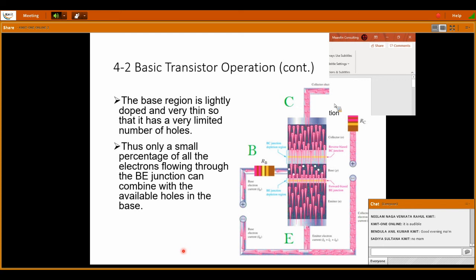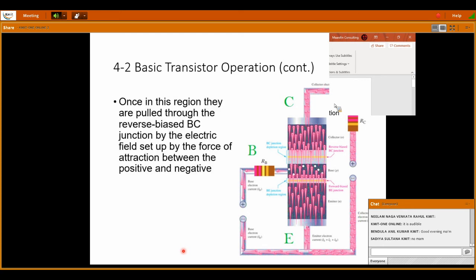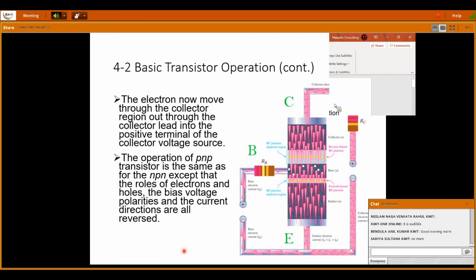Next, once in this region, they are pulled out through the reverse biased base junction by the electric field set up by the force of attraction between positive and negative. So now the electrons move through the collector region, out through the collector lead into the positive terminal of the collector voltage.